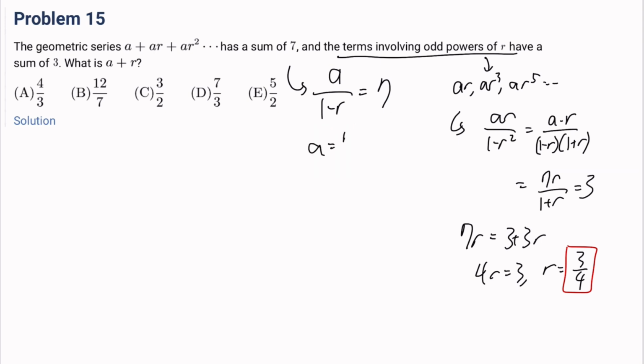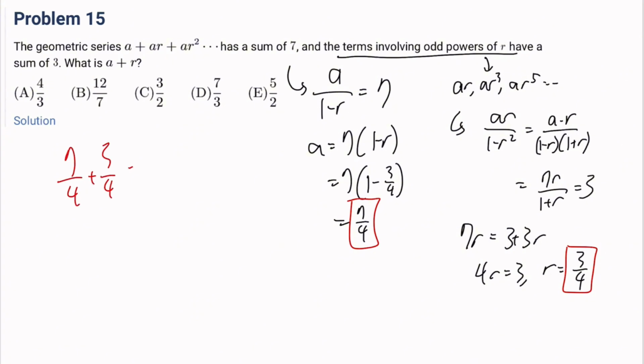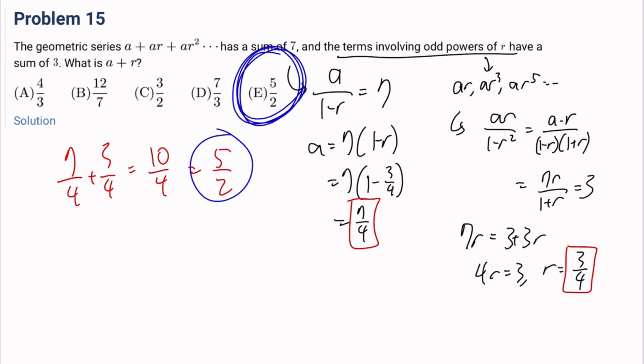So a equals 7 times 1 minus r, which is 7 times 1 minus 3 over 4. This is equal to 7 times 1 over 4, so 7 over 4, right? So a equals 7 over 4. a plus r is 7 over 4 plus 3 over 4 equals 10 over 4, which is 5 over 2, right? So it's 5 over 2, that's E.